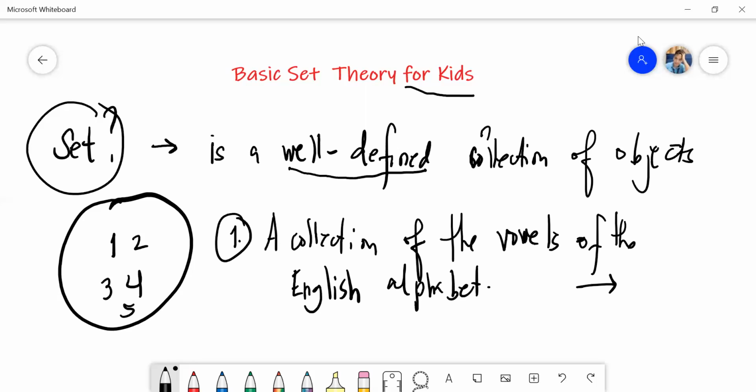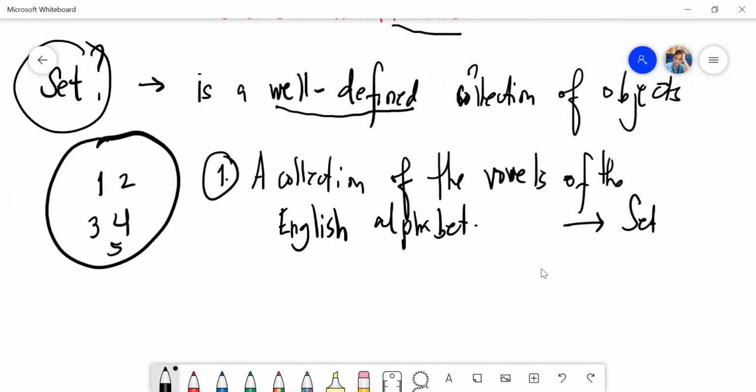So this is a set because we will be able to identify what the elements in it are. So the things that are in this set are A, E, I, O, and U. Which means that the elements, the things that are in it, are actually a well-defined collection.